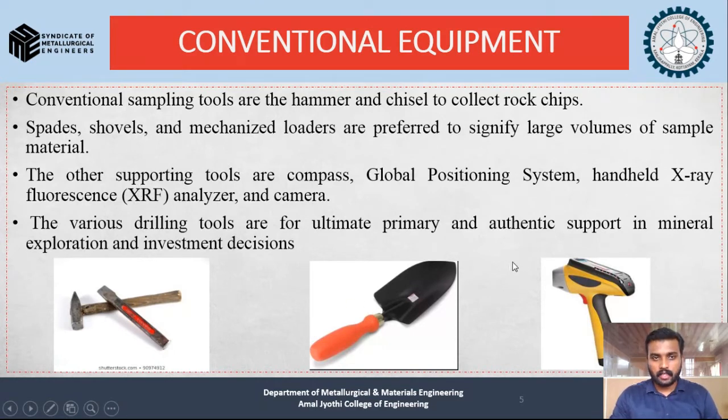The next equipment commonly used for sampling are supporting tools such as a compass, the global positioning system, that is GPS, and hand-held X-ray fluorescence, also known as XRF. That is a device to find elemental data using a spectroscopic method.